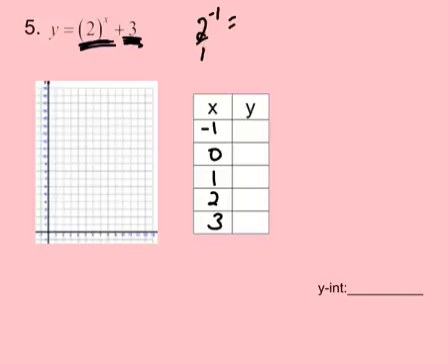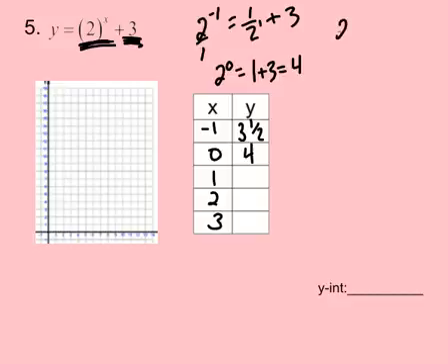It'd be 2 over 1. You need to move the 2 to the bottom to make it a positive 1, so that's 1/2. When you're adding 3 to 1/2, I would say 3.5. Alright, 2 to the 0 is equal to 1. 1 plus 3 is 4. 2 to the first is 2, plus 3 is 5.